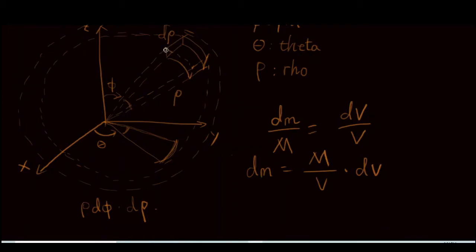Let's say this is our rho. So sine phi would be this side. And that's exactly the projection on the xy plane, which is rho sine phi. And then we need to multiply it by the angle in between, which is d theta.